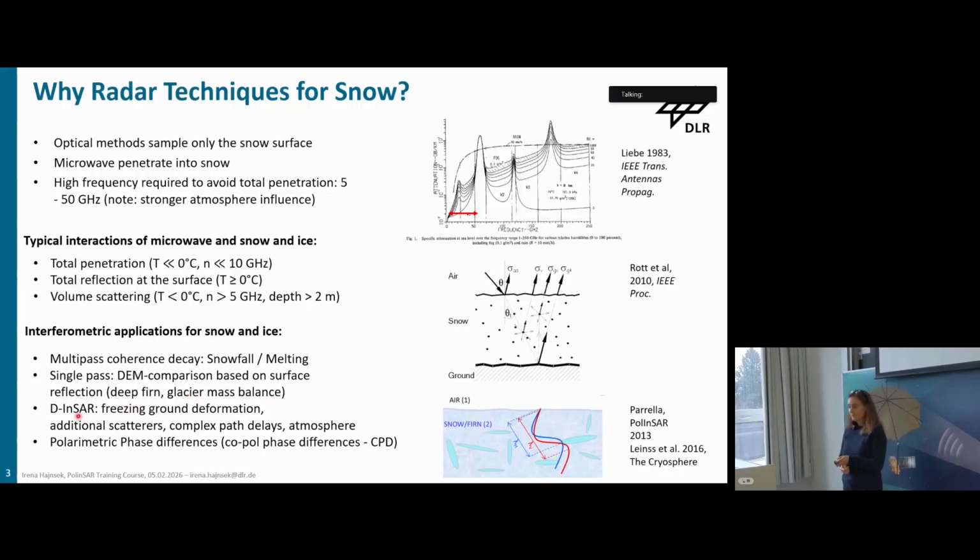Then you can use pure DInSAR without baseline, right? Just with the same configuration. So what you do, you have an interferogram between two time steps with exactly the same configuration, no baseline, right, just the same. And here what you can do, you can see the movement on the ground, right? And the movement on the ground is depending on the soil moisture. That is not the movement in terms of the Earth's movement, but it's a movement because the moisture of the ground is changing.